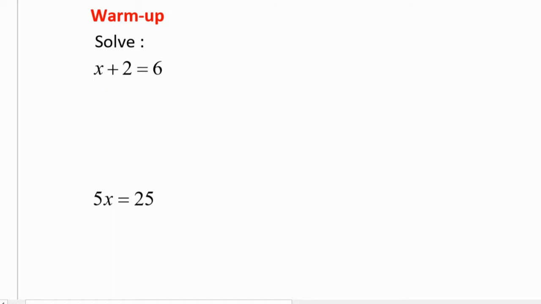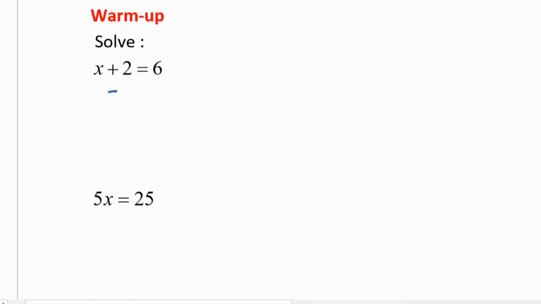To do that, what we want to do is cancel plus 2. To cancel plus 2, we have to do the opposite thing. So what's the opposite of plus 2? That is minus 2.